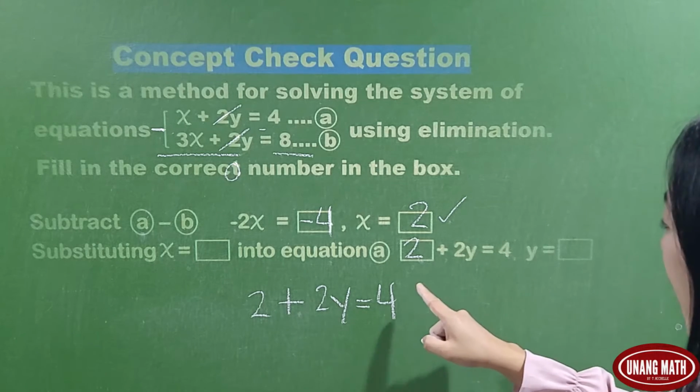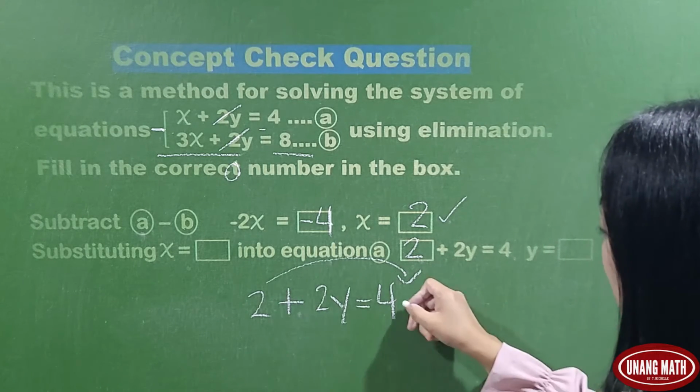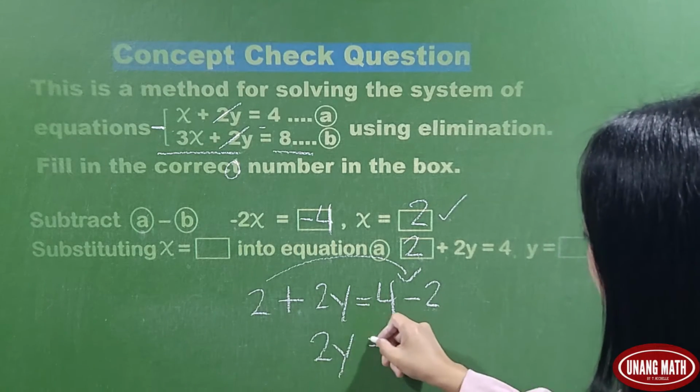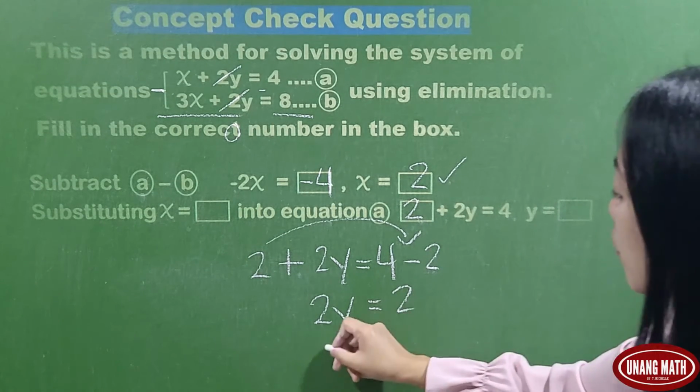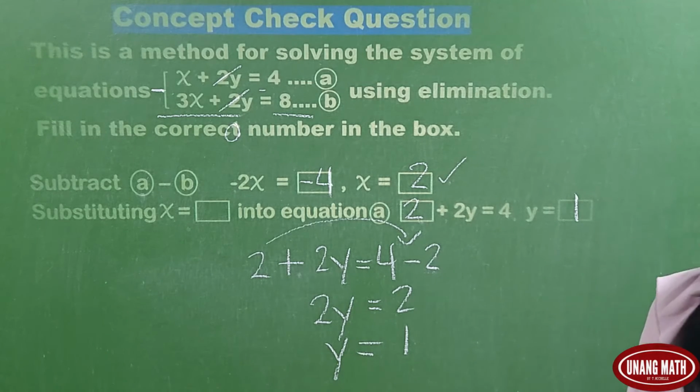To find the value of y, move this to the other side. So this now becomes 4 minus 2. So we just have 2y on the left side is equal to 2. So y is equal to 1.